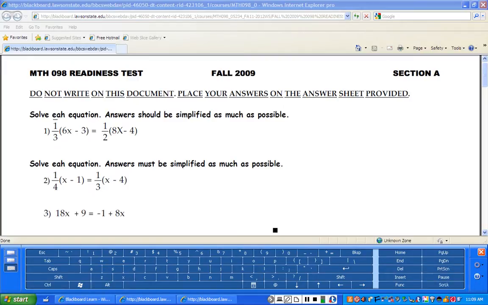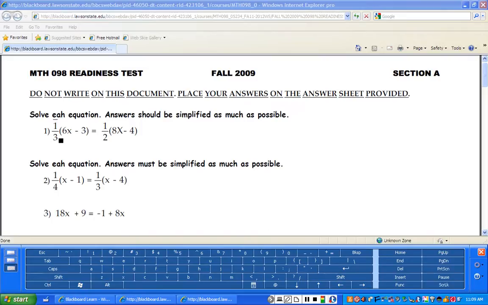Now most students, as has been my experience, prefer not to deal with fractions if they could possibly avoid it. So what I typically teach my students is to just go ahead and get rid of the fraction. Now we can do that by multiplying everything in the equation that's not in parentheses by a common denominator of the fractions.